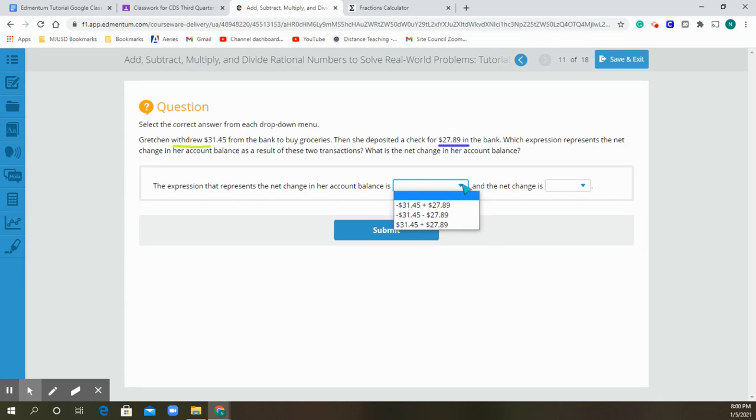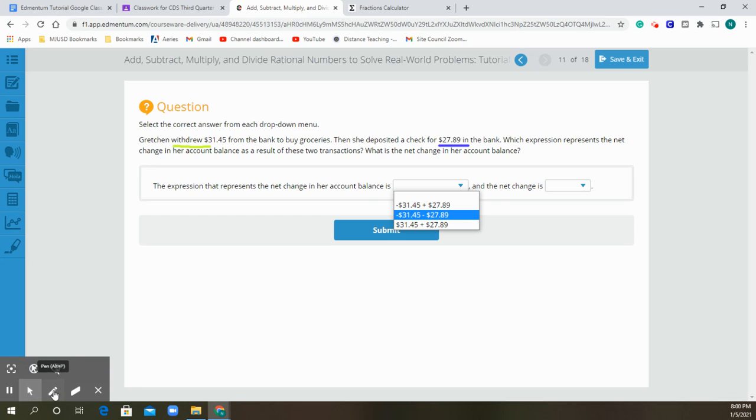So our options are minus $31.45 plus $27.89, minus $31.45 minus another 27.89, positive 31.45 even though there's not a positive sign here, and 31.45 plus 27.89.